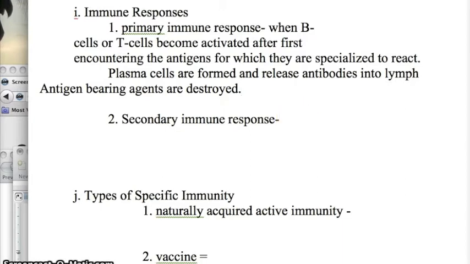So that's a primary immune response. So that's the first time you get sick, right? So it's activating those cells. They come up from the green room and do their job. Okay? A secondary immune response follows a primary immune response.